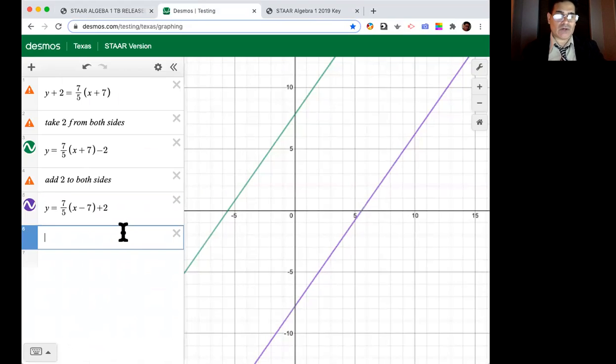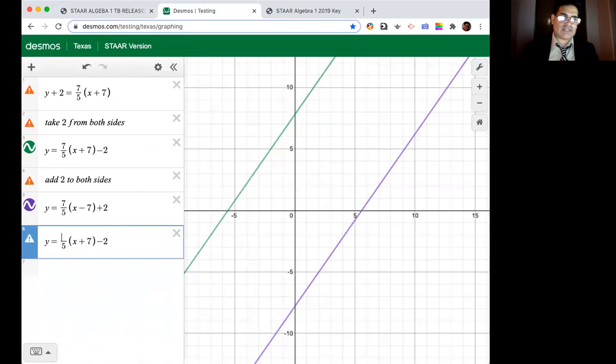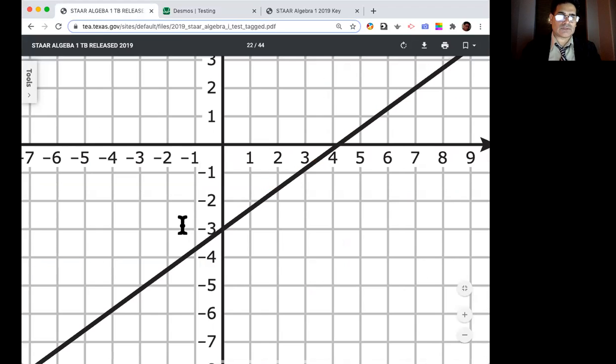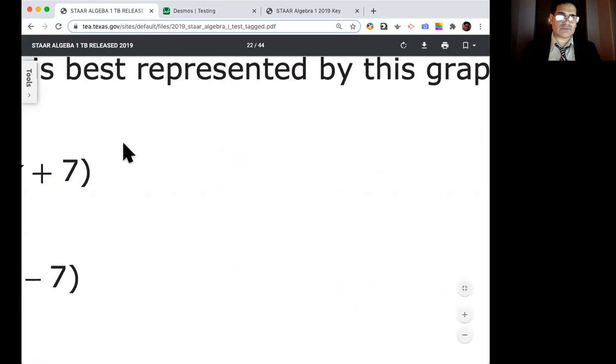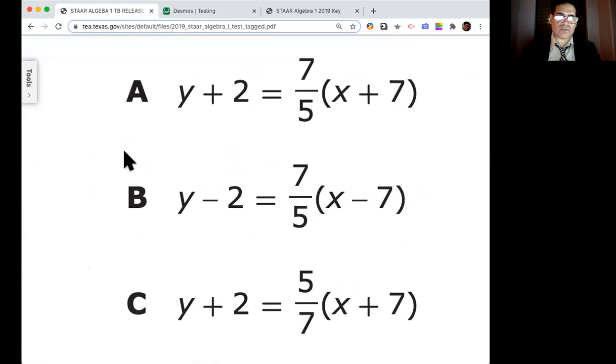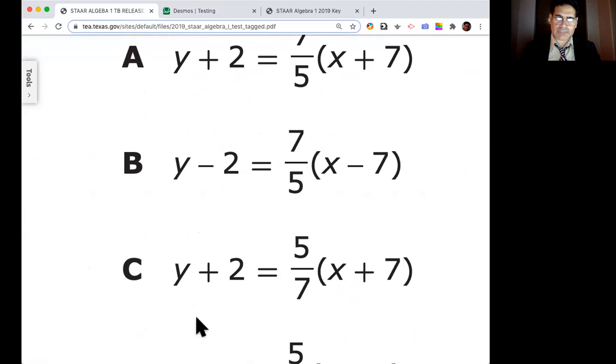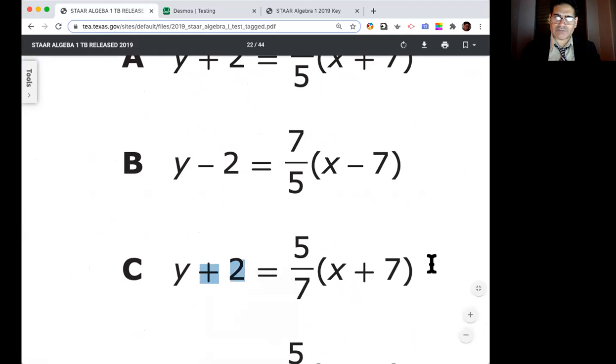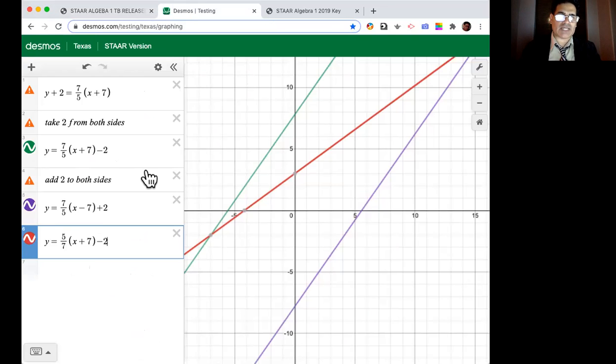We continue on. My next one says y plus 2, 5 sevenths x plus 7, and it's a +2, right? So we'll get a -2 to cancel that out, and put a -2 on the other side of that.